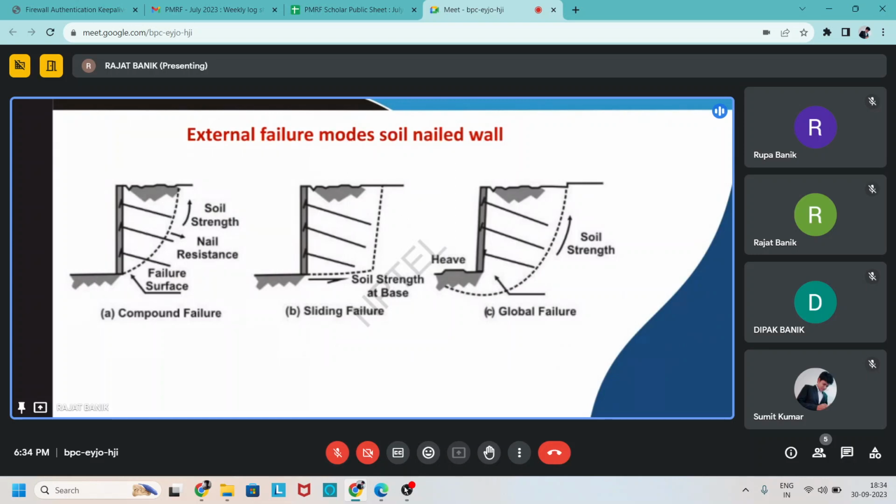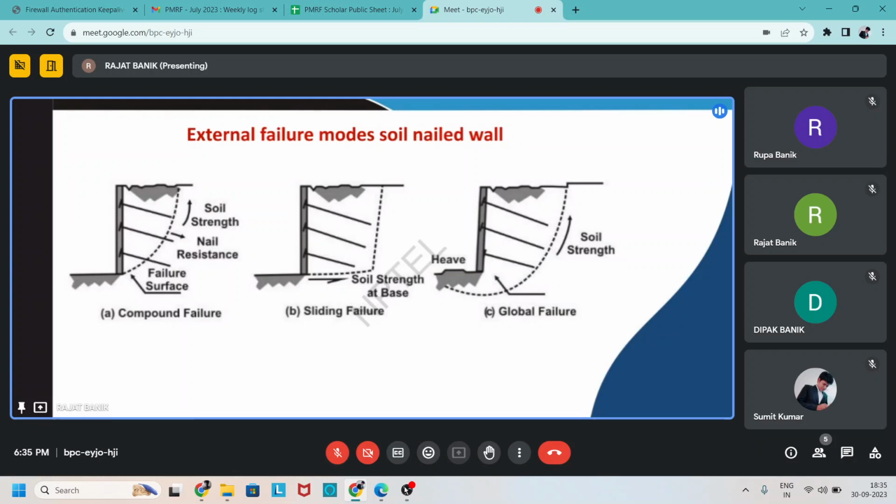So the first one is compound failure. When there is a critical surface joining from the toe of the wall to the surface of the ground, and the soil strength is less than required, there is a possibility of this type of failure.